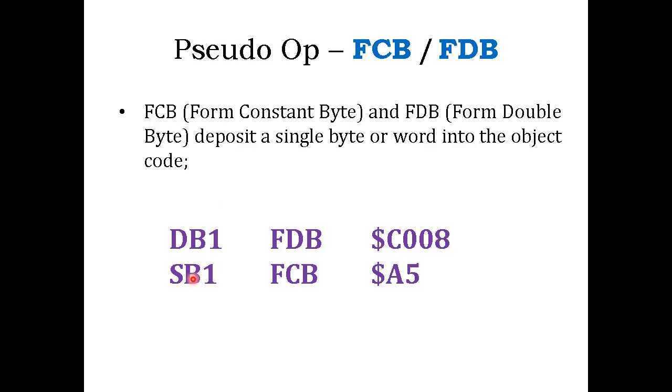If you write SB1 FCB A5, you are saving this value for this variable. This is similar to defining a variable in C++, where at the very beginning you write integer x equals 5. This is your integer x, and this is the value of integer x.